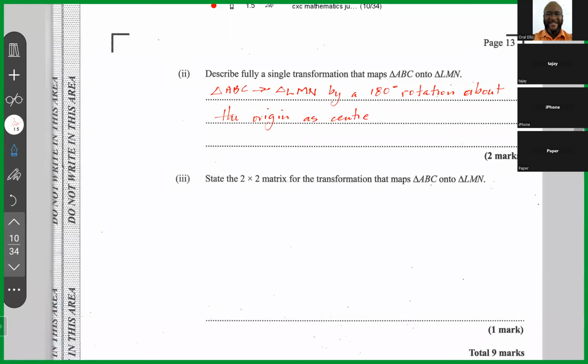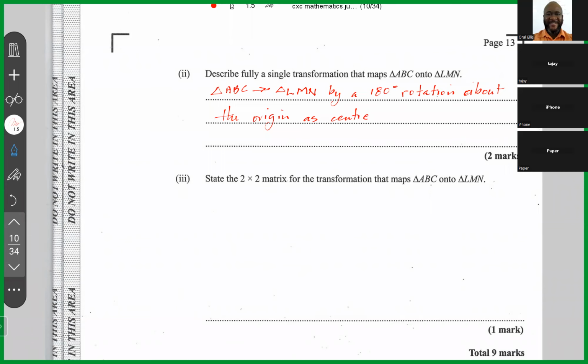Now, normally, whenever you're describing a rotation, it would need three components. You would need the angle of rotation, the center of rotation, and direction of rotation. But in a 180-degree rotation, you don't have to say the direction.